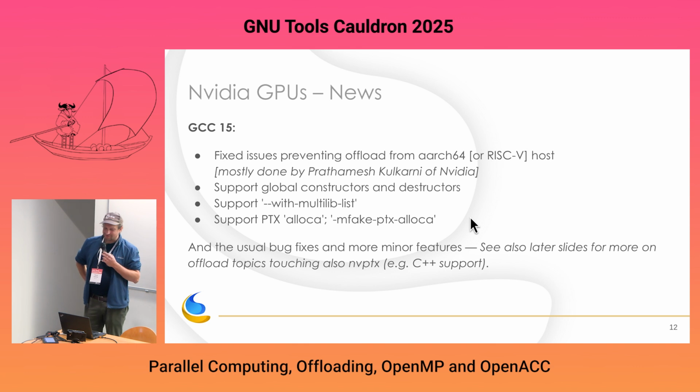And when that flag is passed, the compiler, instead of erroring out, just inserts a function call to a fake alloca function, which then at runtime aborts, because in most of the cases I have seen, the code that uses alloca is not relevant for our use case of code offloading. So we still don't support alloca in these configurations, but we still compile the code, and as long as at runtime you don't run into that code, you're fine.